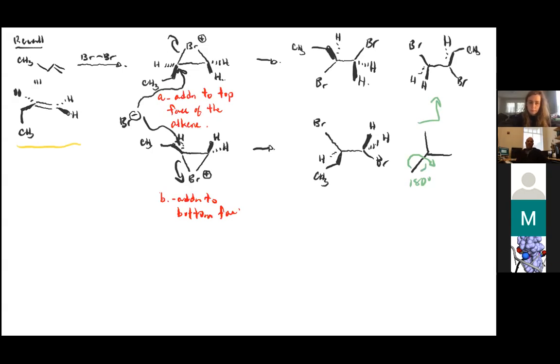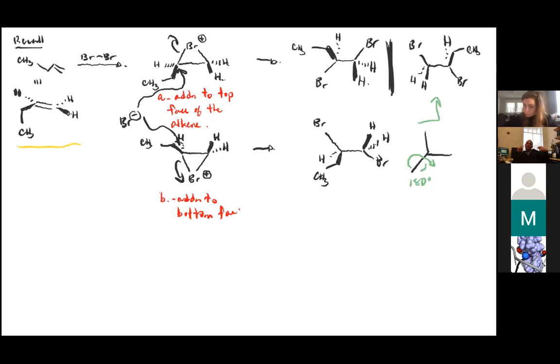What that shows me is that the two dibromides arising from opening of the bromonium ions are enantiomers. You can draw a mirror there, and you can see that it's reflected through.